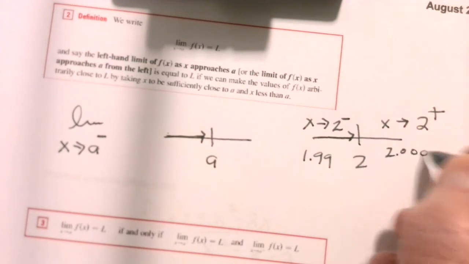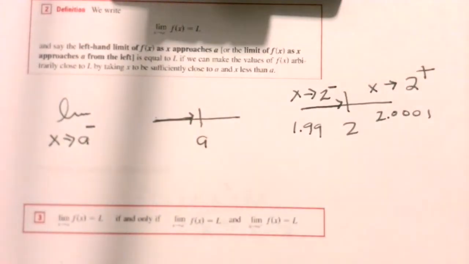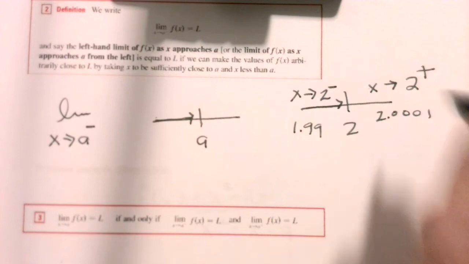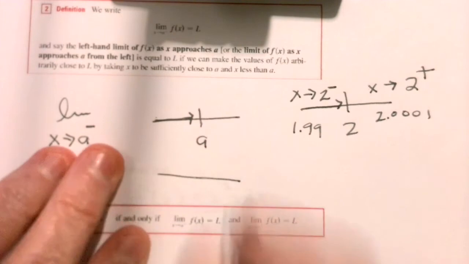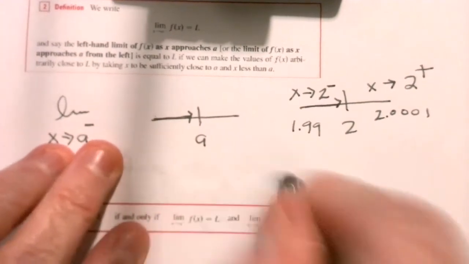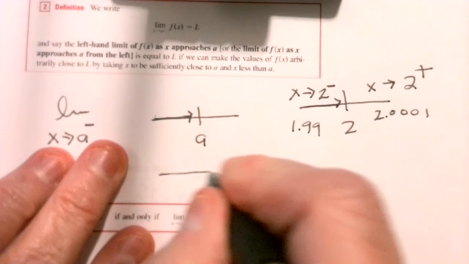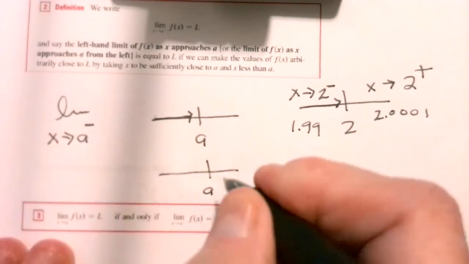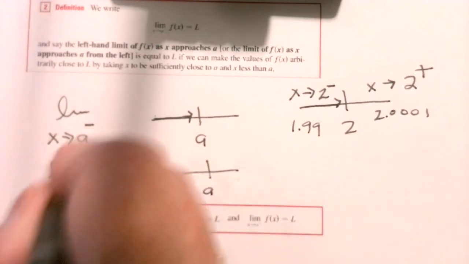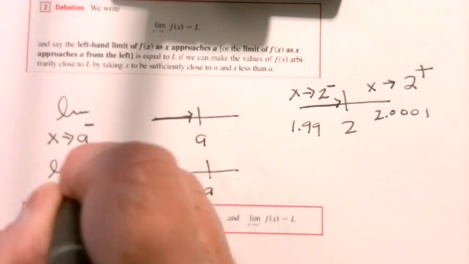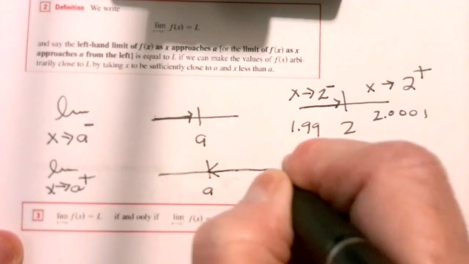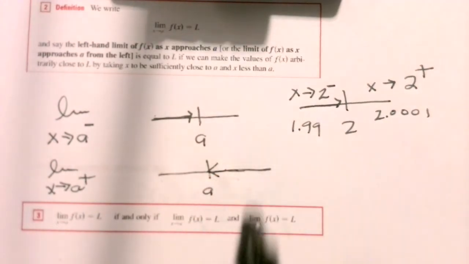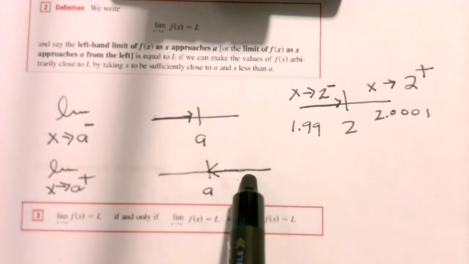So that's another thing: if it says we're coming into a from, and it has the plus sign there, that means we're coming in on this side of a. So we can talk about the left-sided limit and the right-sided limit.